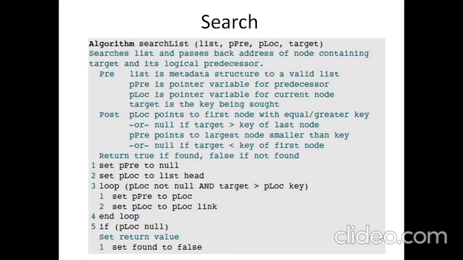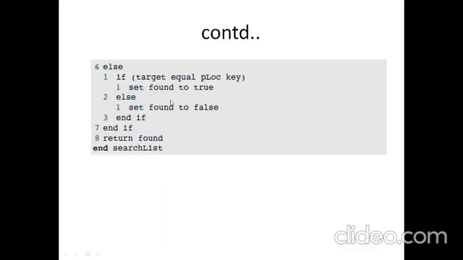Every iteration p location is updated to p location's link. So if you reach the last node, the link field is going to be null, which gets assigned to p location, which will end the loop. So set found to false. We are unable to find the value.